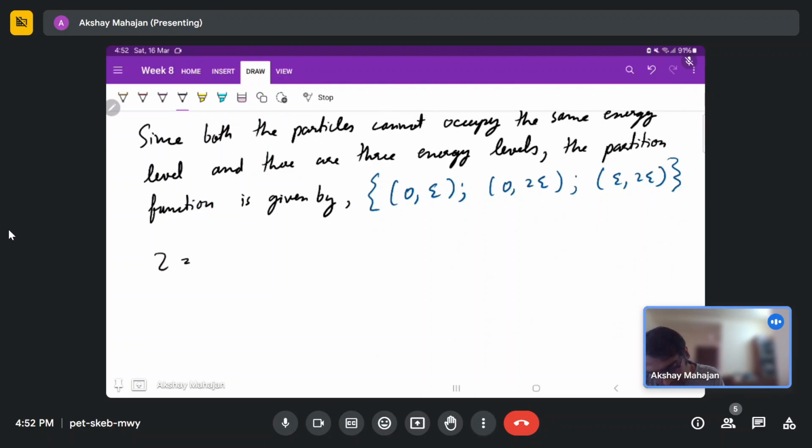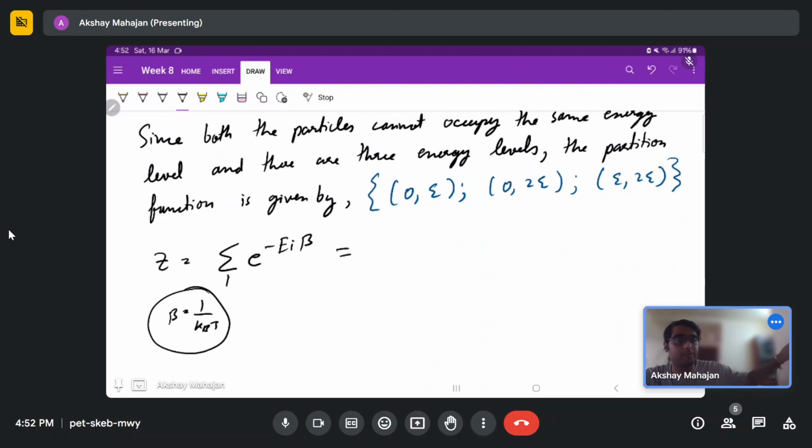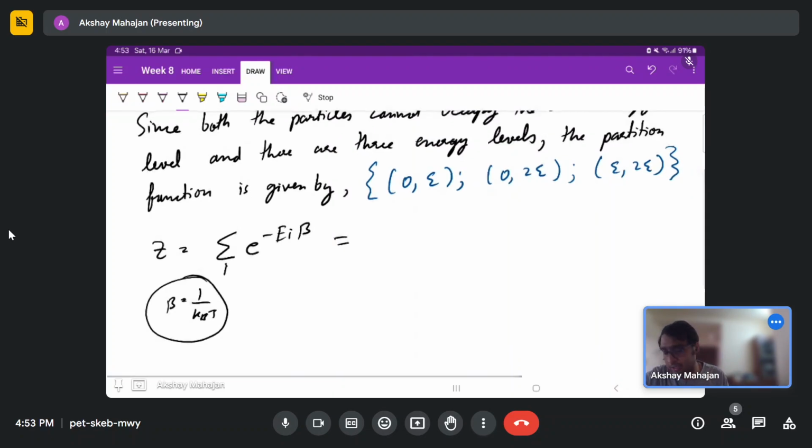So your partition function, we know the partition function is given by the sum of e to the power minus beta times E_i, where beta is equal to 1 by k_B T. So this will be equal to e to the minus beta times the net energy.